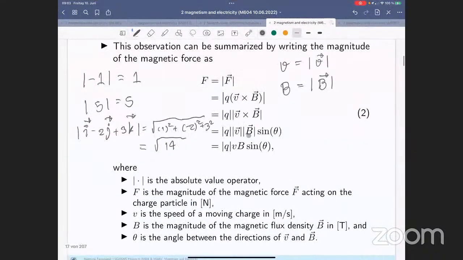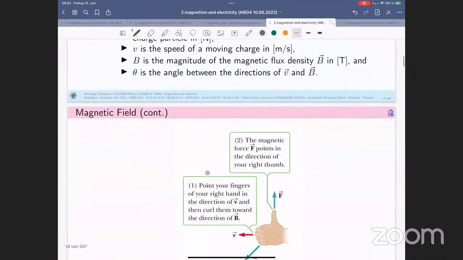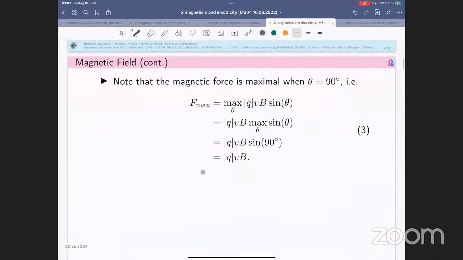It means that this expression will return the maximum value to us once theta is 90 degrees, or 1.57 radians. Yes, we will get the maximum value once we take the operator max with respect to any value of theta.